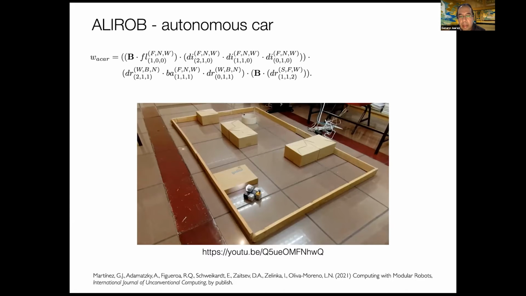What is the idea here? Well, the robot is able to take decisions in several ways.